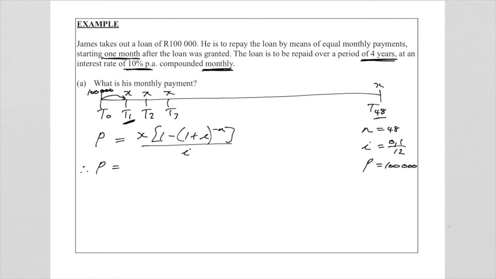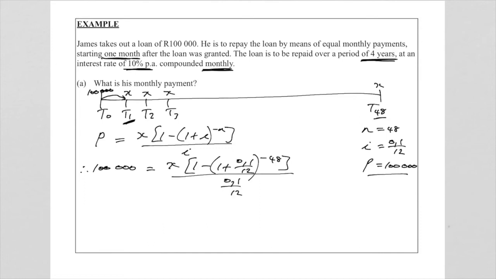X. So I know what my P is, because I already said P is 100,000. And X is what we would like to calculate. So 1 minus 1 plus I, 0,1 over 12, because it was monthly. N represents the number of payments, so it's minus 48, and over I, 0,1 over 12.